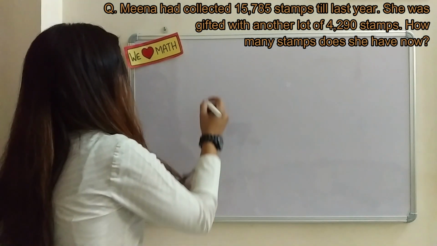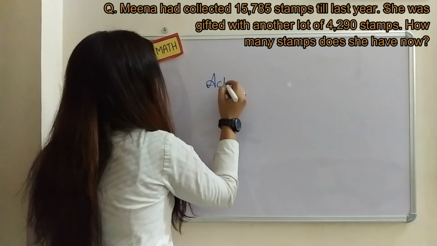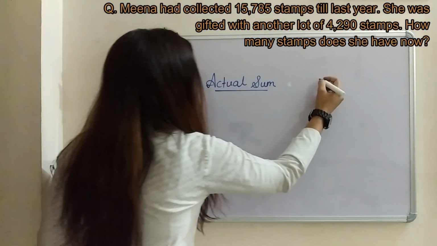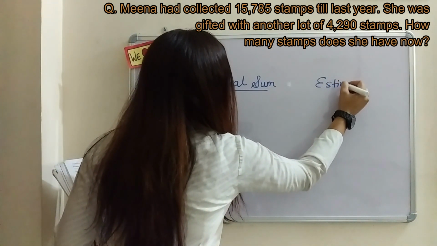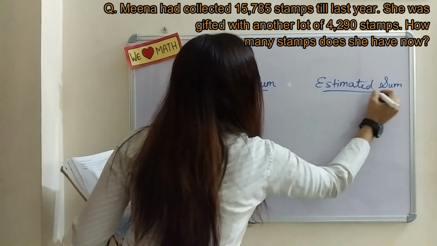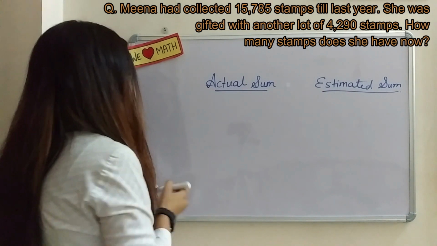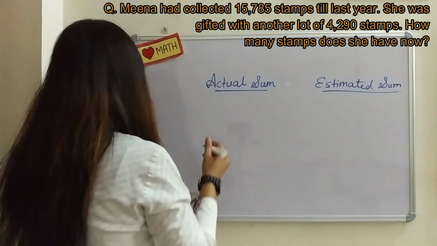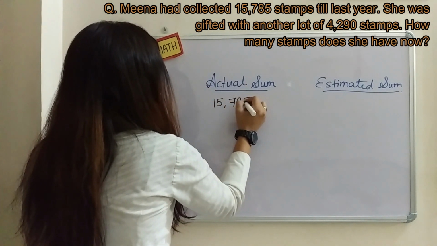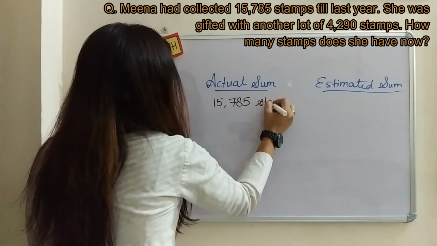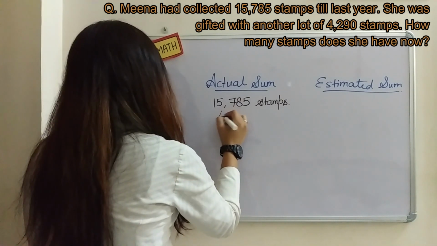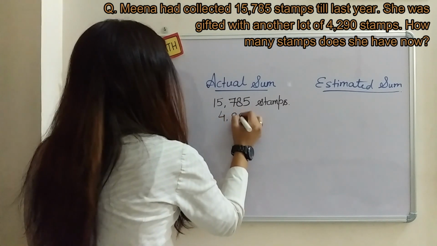First of all, we will write down the actual sum and then the estimated sum. For the actual sum, we need to write down the actual figures, that is 15,785 stamps and here we have 4,290 stamps.